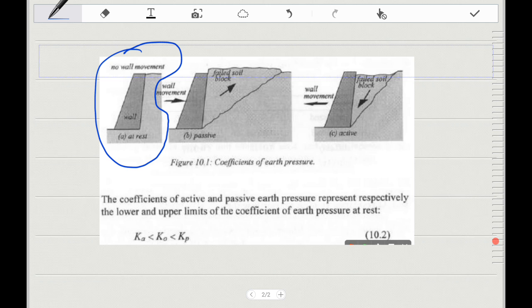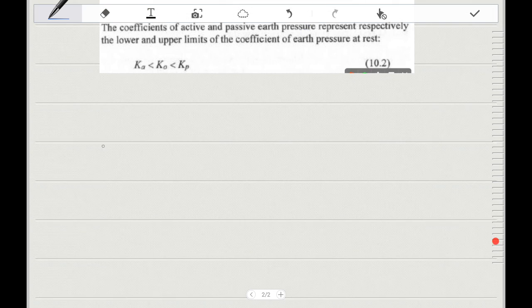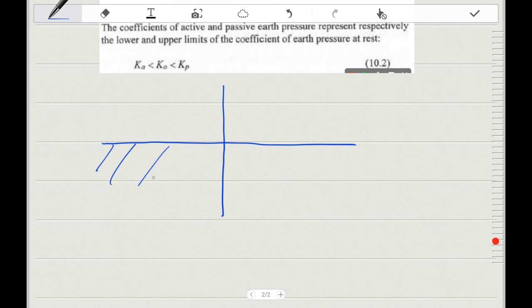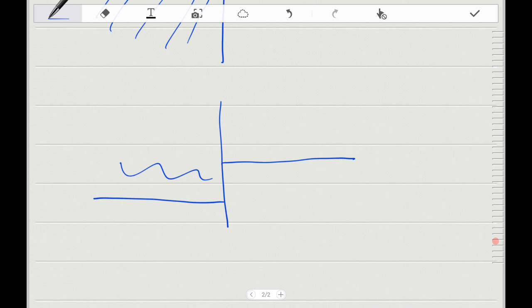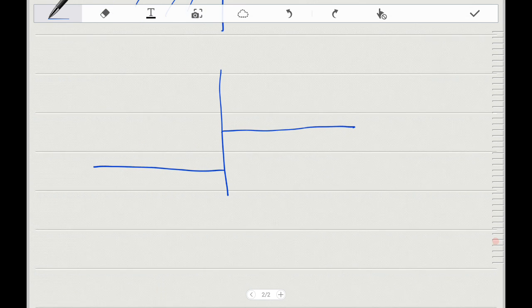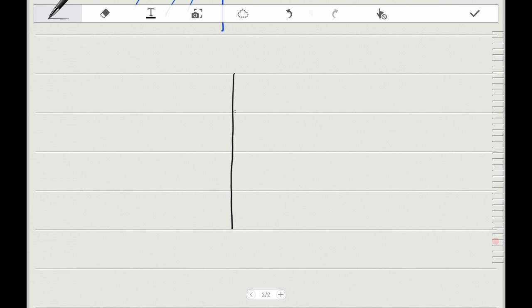So this basically means if you had, for example, some soil, and you put a wall there to excavate this, you ended up with this scenario, right? There's no soil here, so I'll just draw that straight so it doesn't look like the wall's moving. So now you'd have this scenario because you've excavated, right?